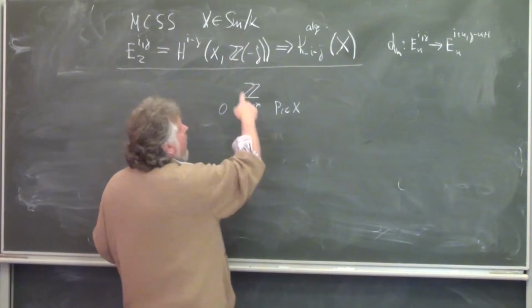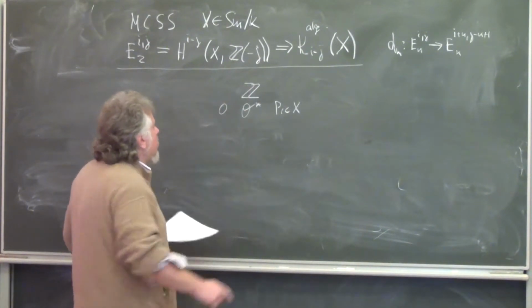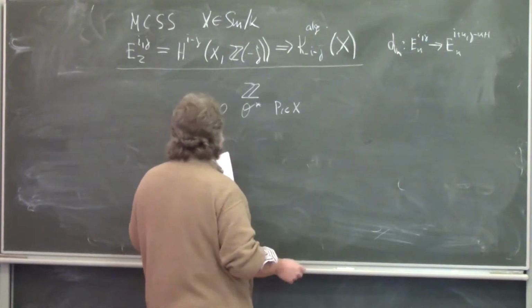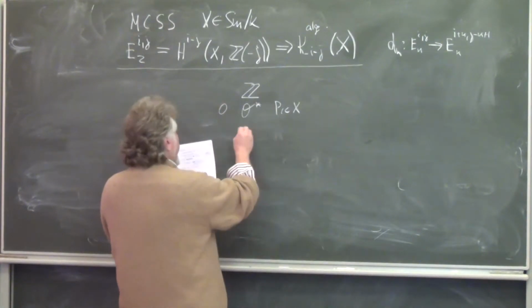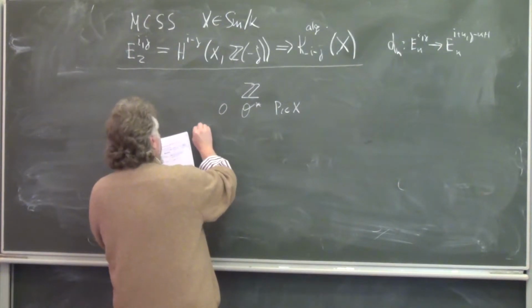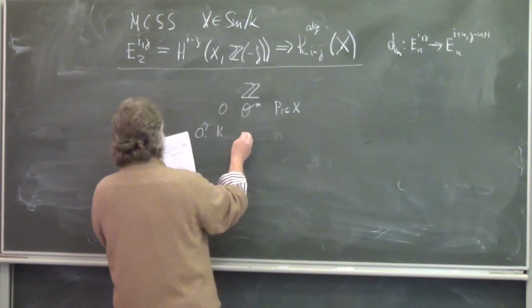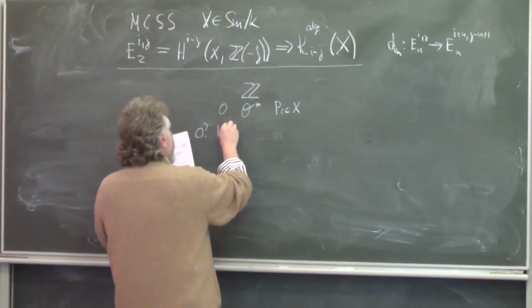Since the complex Z(1) has cohomology in two places, we have O star and the Picard group, and next we have zero, question mark. I will tell you what the question mark is.